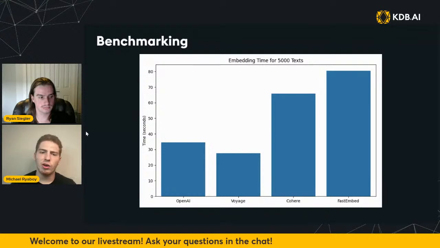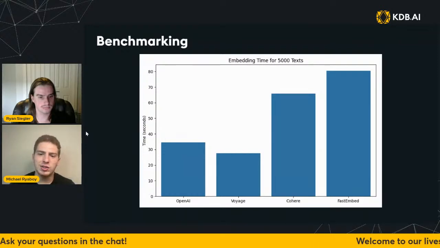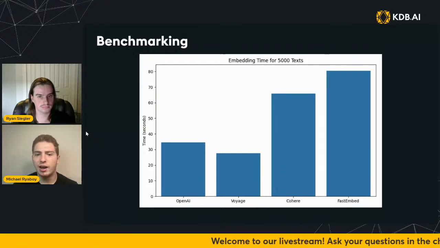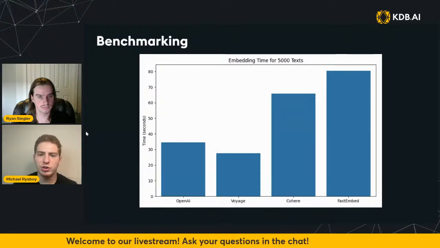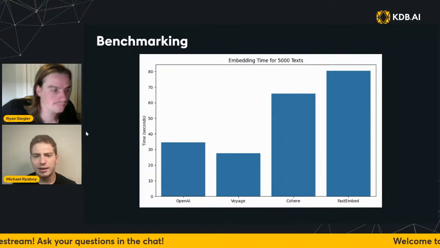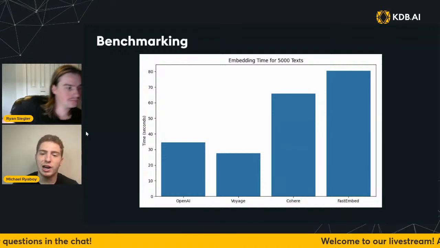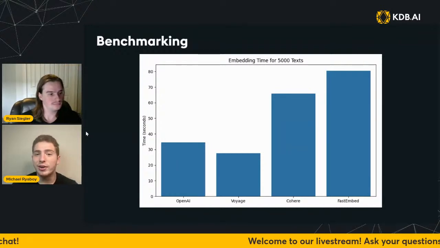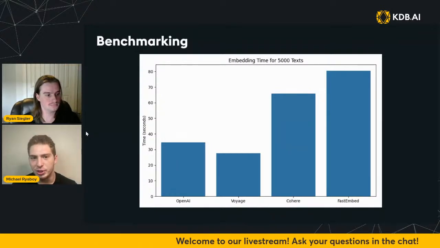But in general, you could see that the time to generate 5,000 texts is variable, right? We have OpenAI, Voyage, Cohere being pretty much the same. Cohere is a little slower, but it takes relatively the same amount of time as Fast Embed on a CPU. Fast Embed on a GPU is much faster.